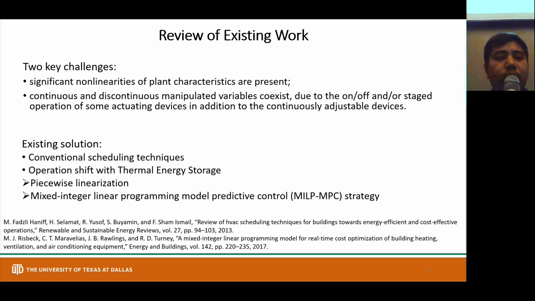Some current work is on mixed integer linear programming MPC strategies with piecewise linearization, or doing the mixed integer and MPC in different layers, or hierarchically.